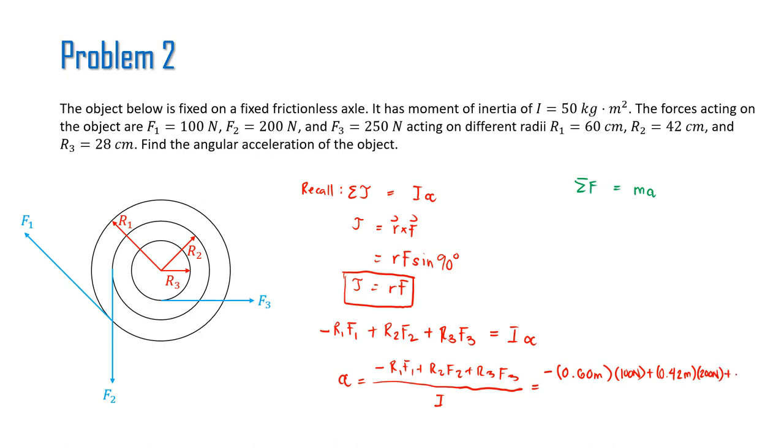And then you have R sub 3, that is 0.28 meter multiplied by 250 newtons, all over the moment of inertia of the system, 50 kilogram meters squared. Evaluating this, we will get alpha equal to about 1.88 radians per second squared. So this is the angular acceleration of the object.